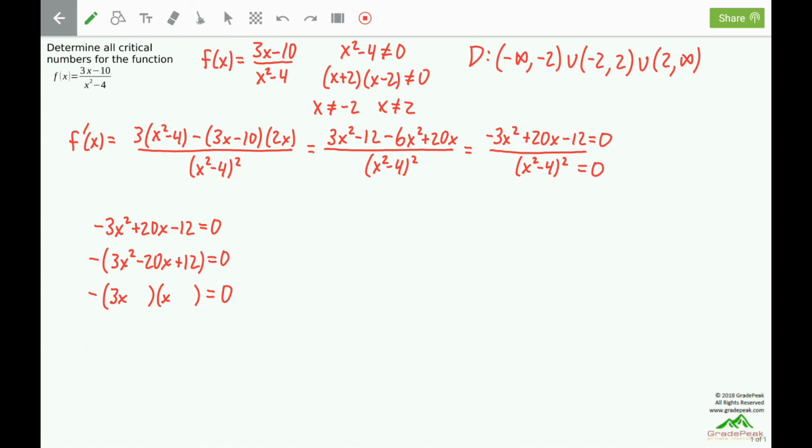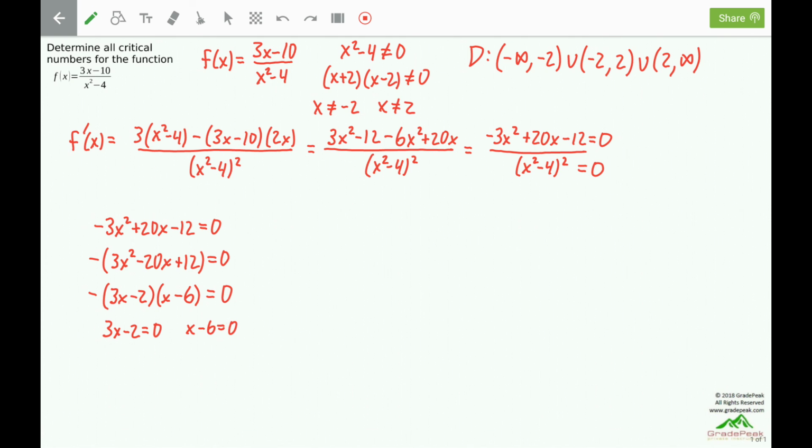It doesn't look like that'll work. 6 and 2, and that will work if we put the 6 here and the 2 here, because that's 18x and that's 2x. To make it a negative 20x, they need to both be negative, as expected. And it's now fully factored, so that 3x minus 2 can equal 0, and x minus 6 can equal 0.